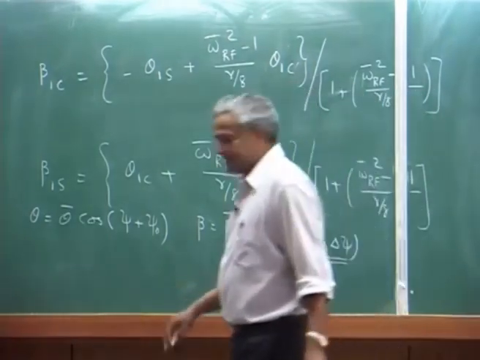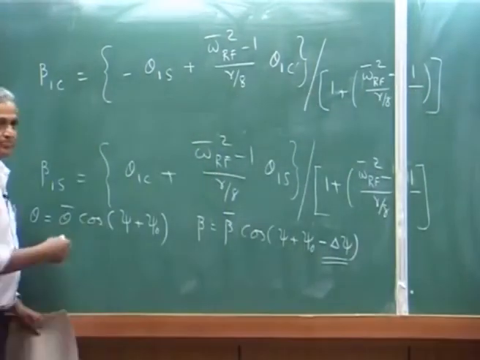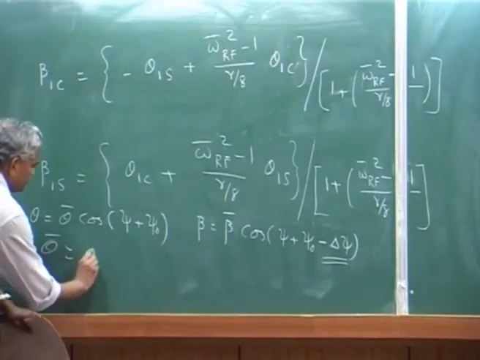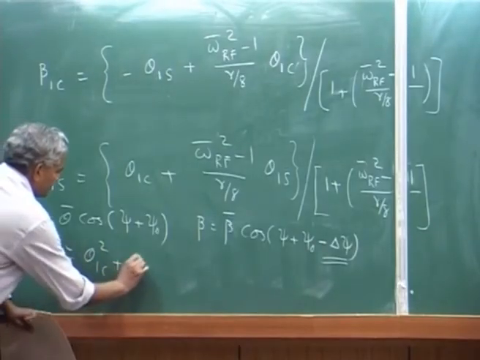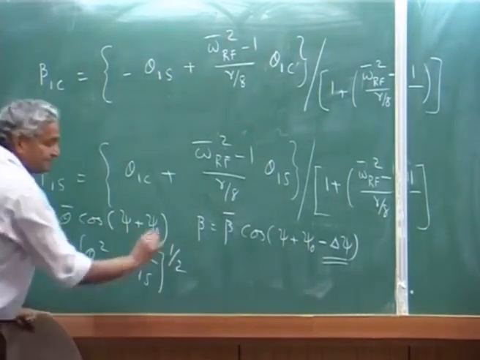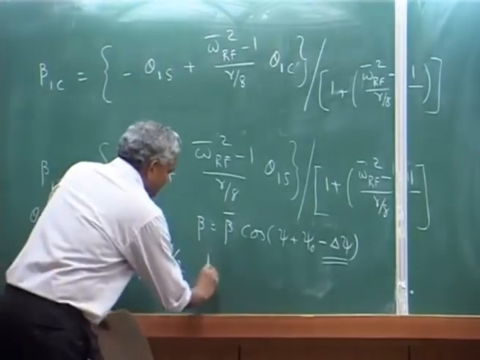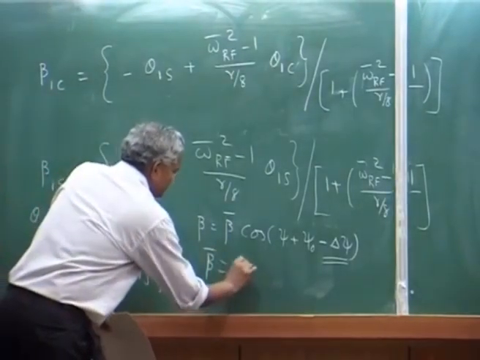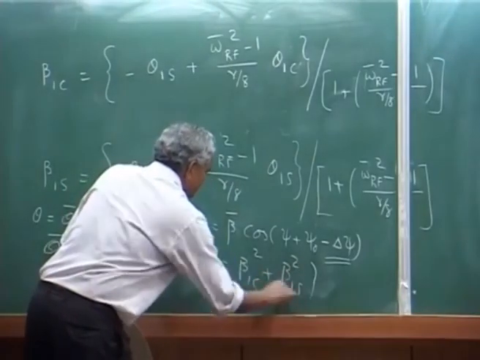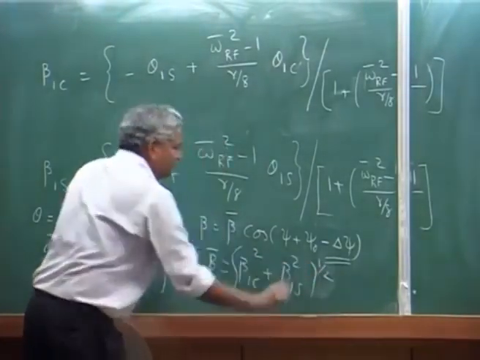Theta bar is actually the magnitude of input, that is under root, and beta bar is beta 1 c square plus beta 1 s square half.